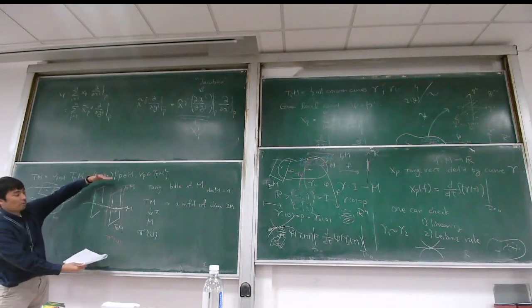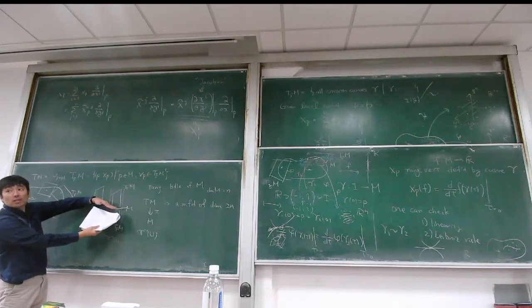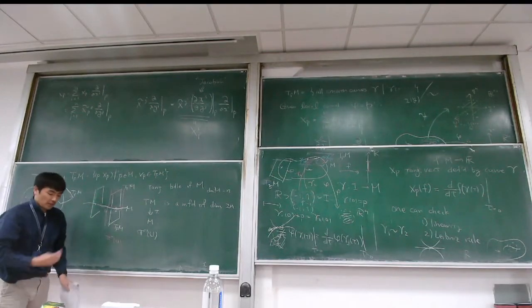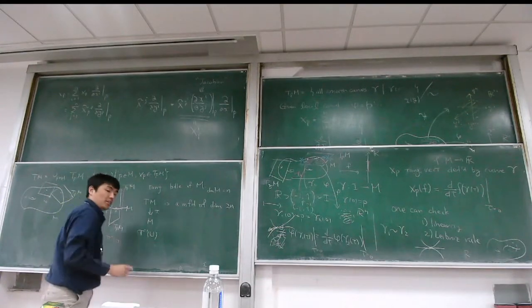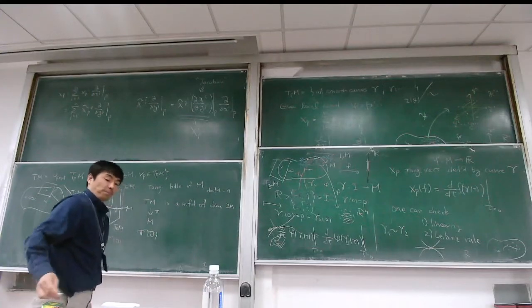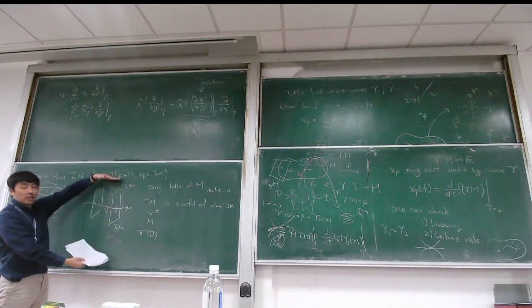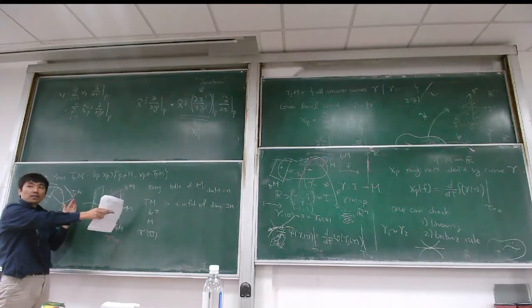Everything collapses under pi to M. But if you look at the inverse image of U, I put a bar to distinguish U and V. So pi inverse of U is another open subset inside TM.